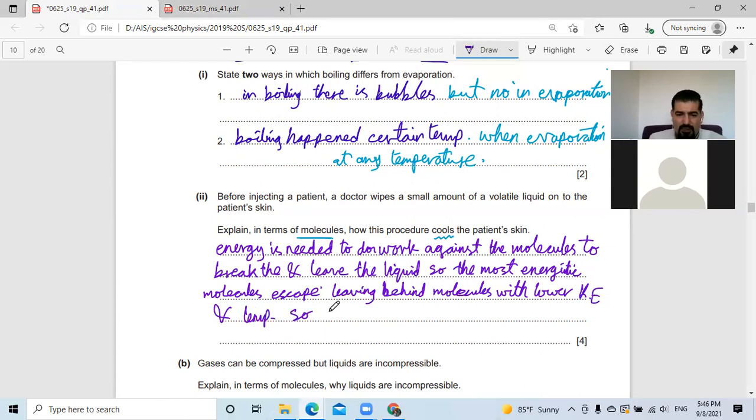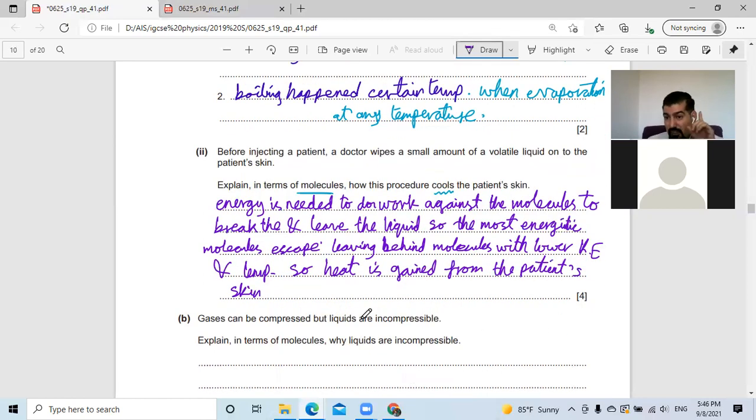So heat is gained from the skin of the patient. Okay? For good marks and 2 other marks here.